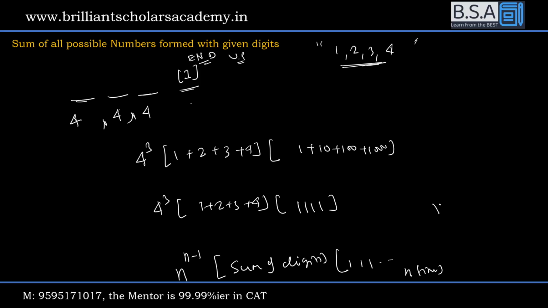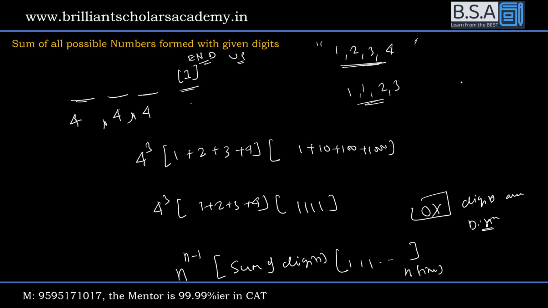What is the condition? 0 should not be there. Digits are distinct. So how can CAT trouble you now? What can CAT people do to trouble you? Maybe they will make one digit same as the other and you will feel troubled.